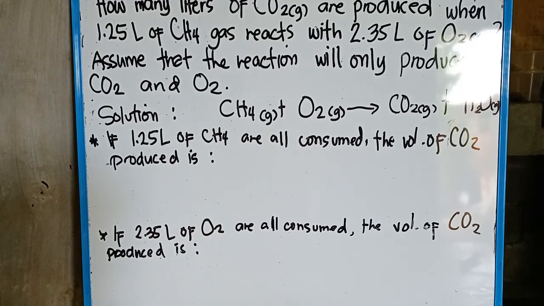So we're going to get the liters when it reacts with CH4 or produce 1.25 of methane and reacts to oxygen, which has 2.35 liters of oxygen gas. So do not forget, always balance the equation. Check first before you balance.